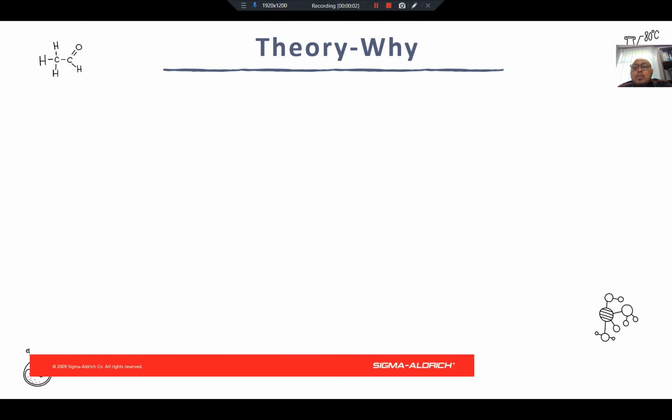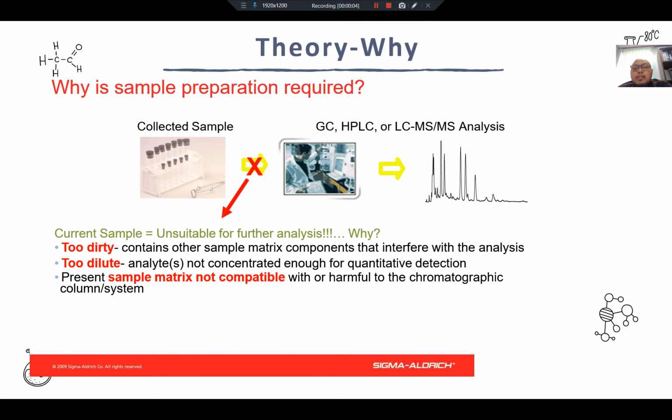On theory, why do we need to learn separation methods? Why is sample preparation required? Most of the time, the current sample is unsuitable for analysis, so we need to prepare it. Why is it not suitable for further analysis?